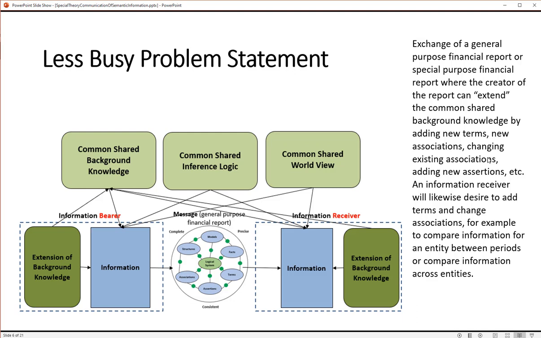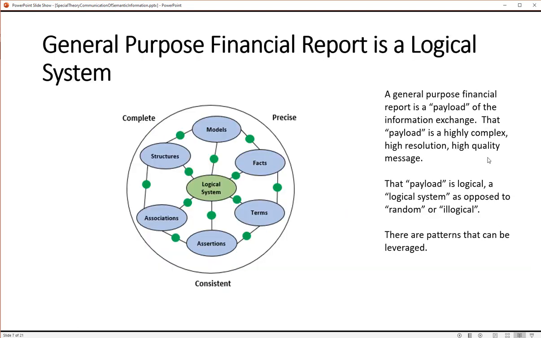So the message is the financial report, general purpose financial report, or special purpose financial report, and you have to make this work effectively. So what's going on is the payload of the information exchange is what amounts to a logical system. A financial report is a logical system. To say this another way, a financial report is not illogical, it's not random, it's logical. And there are patterns that you can leverage in these reports.